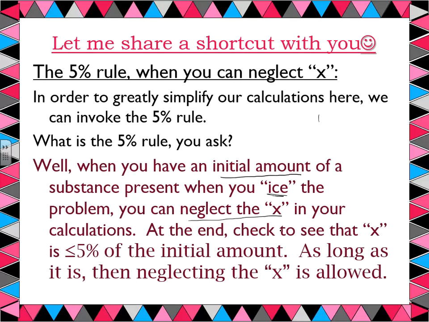At the end, you just have to check and make sure that X is less than or equal to 5% of the initial amount. As long as X is less than or equal to 5%, neglecting X is allowed.